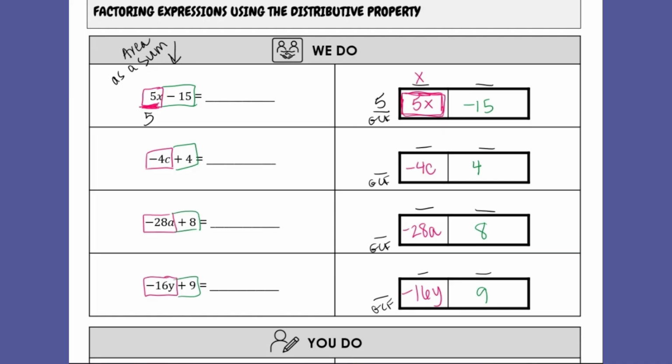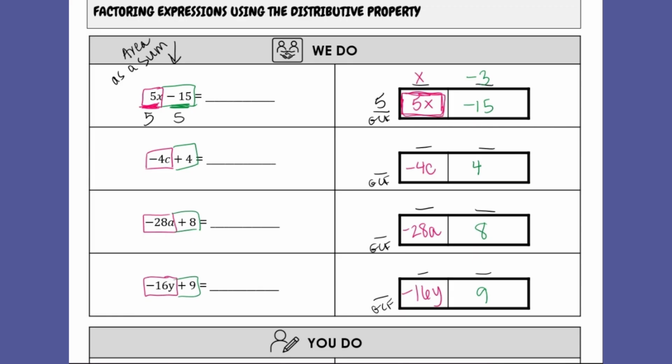When you look at your second smaller rectangle, think about the same thing. 5 times what would give me negative 15? You might just know 5 times negative 3 would give me negative 15. Or you can think about it as division: negative 15 divided by 5 would also give me negative 3.